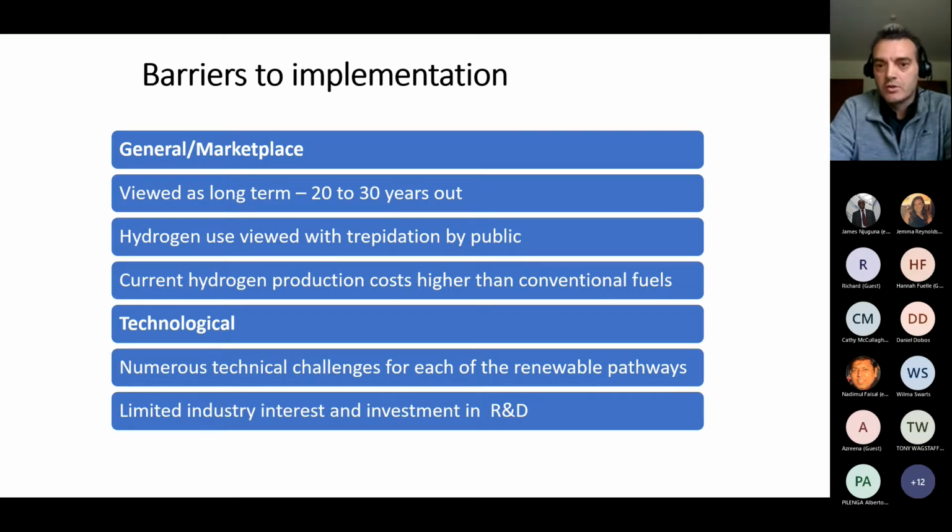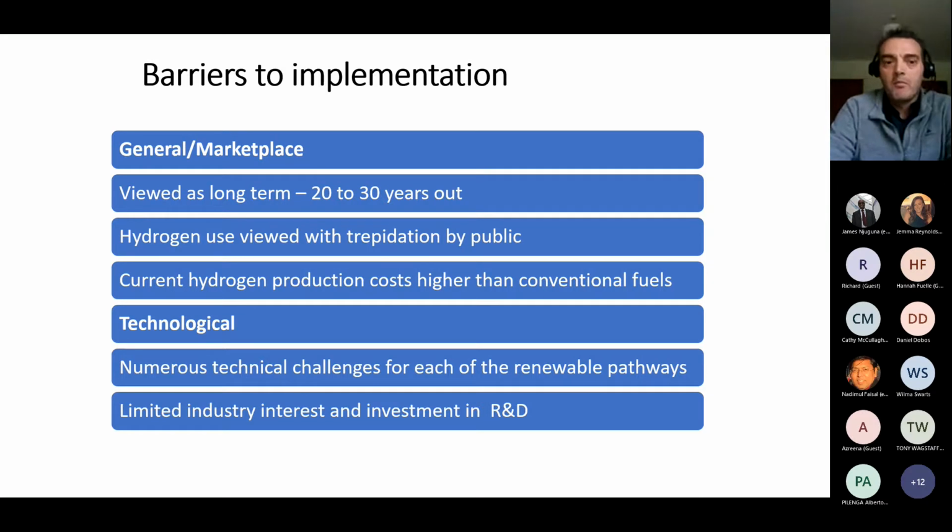Current hydrogen production costs, as I mentioned, are higher than conventional systems, for instance natural gas. Technologically, there are numerous technical challenges for each of the renewable pathways.